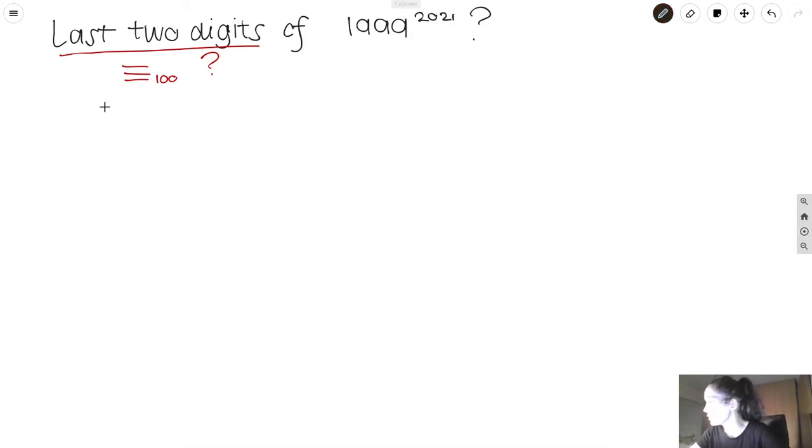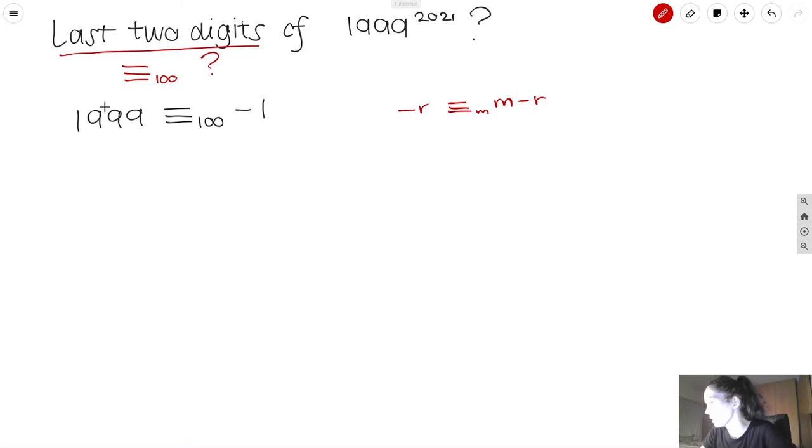So let's do the question. Let's just look at 1999. So 1999 mod 100 is going to be equal to minus 1. Why is this true? If we look at the last property, we had that minus r is congruent to m minus r.